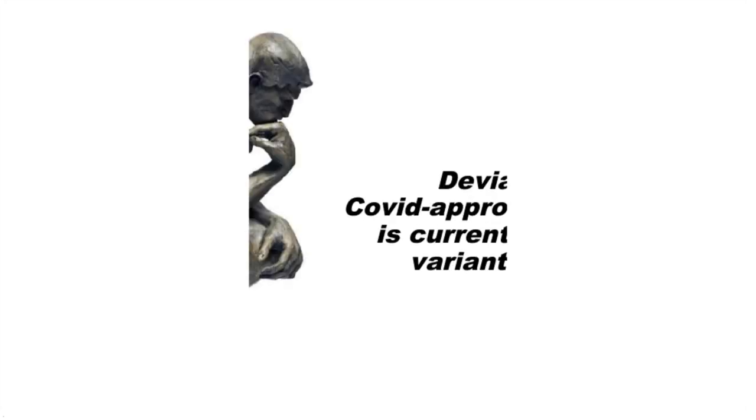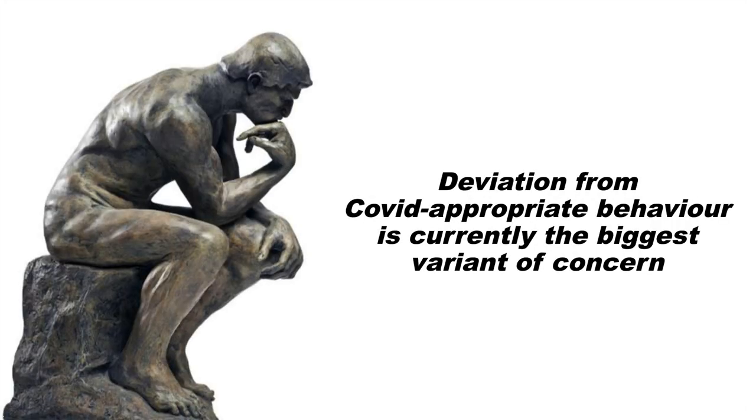So there are a lot of things available, but deviation from COVID-appropriate behavior is currently the biggest variant of concern, and I hope that while we strengthen our diagnostic ability as well as our treatment facilities, we should continue to practice COVID-appropriate behavior. That's all the presentation I had.